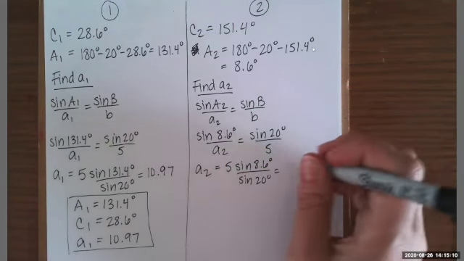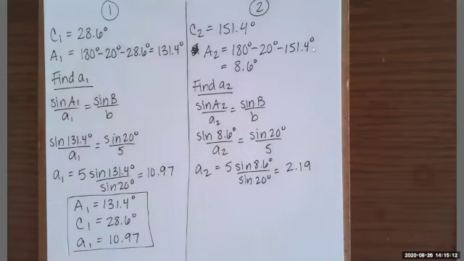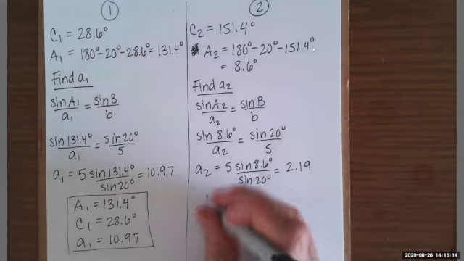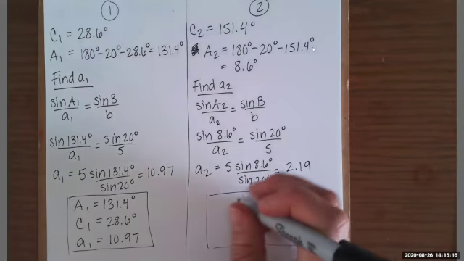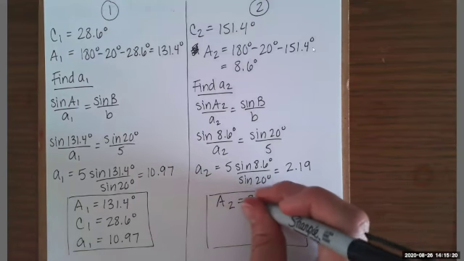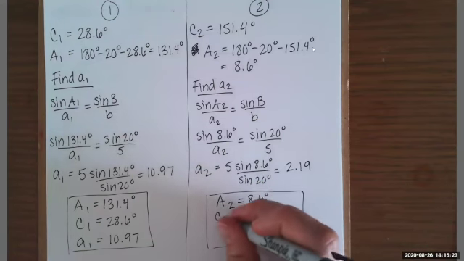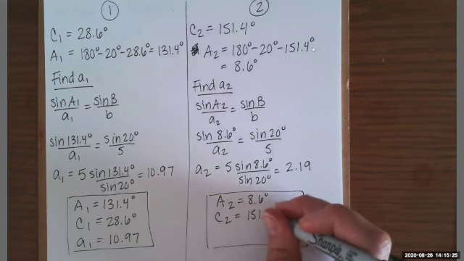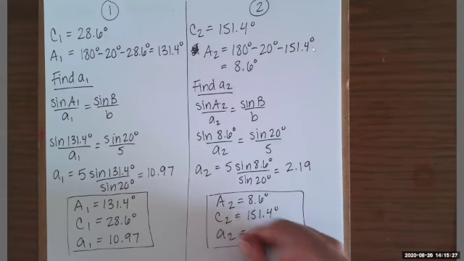And we get that side A2 is 2.19. So our second solution here is that A2 is 8.6, C2 is 151.4, and side A2 is 2.19.